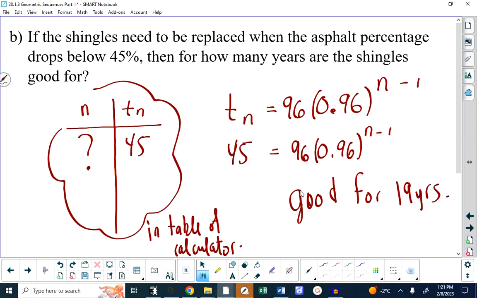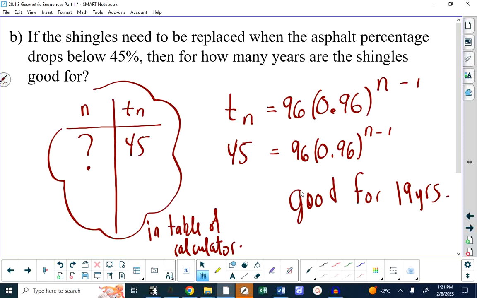So these would be shingles that would probably be advertised by the manufacturer as being a 20-year guarantee. But after 20 years, you're on your own. So the correct answer mathematically, though, is 19 years.